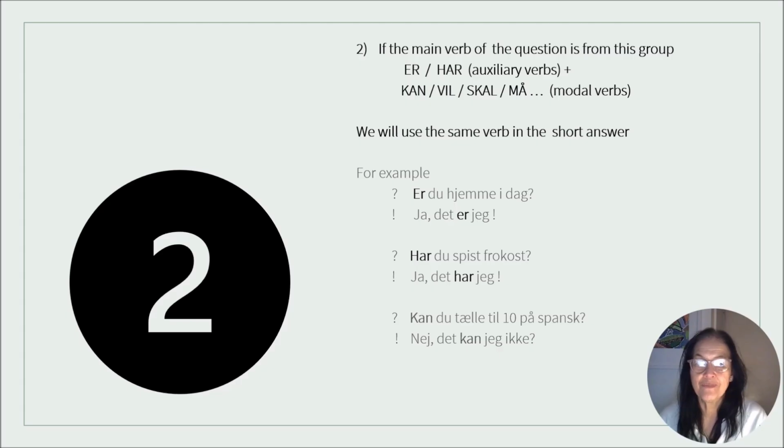So for example, er du hjemme i dag? Ja, det er jeg. Har du spist frokost? Ja, det har jeg. Kan du tælle til 10 på spansk? Nej, det kan jeg ikke. So there we are repeating the verb in the answer.